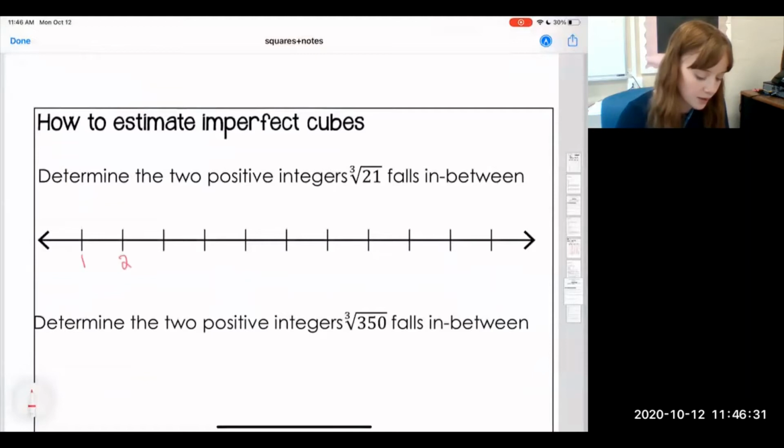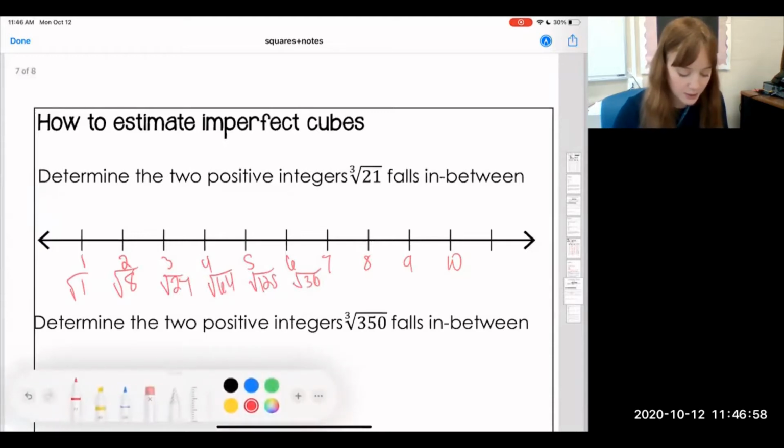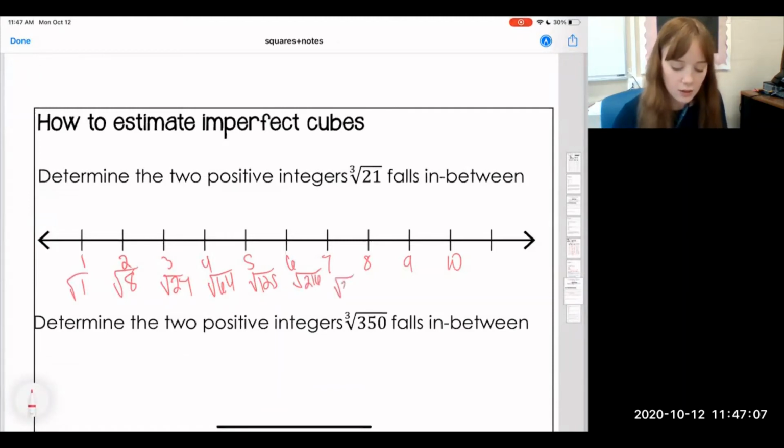So you start with the regular numbers. And that would give us 1 cubed was 1, 2 cubed was 8, 3 cubed was 27, 4 cubed was 64, 5 cubed was 125, 6 cubed was not 36, I'm getting mixed up there, it's 216, 7 cubed was 343, 8 cubed was, hmm.